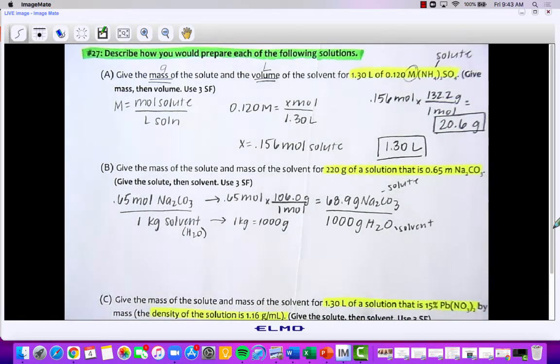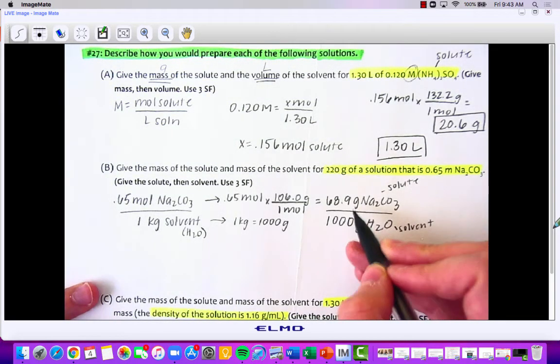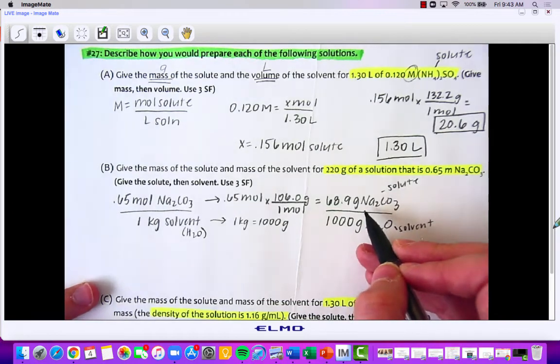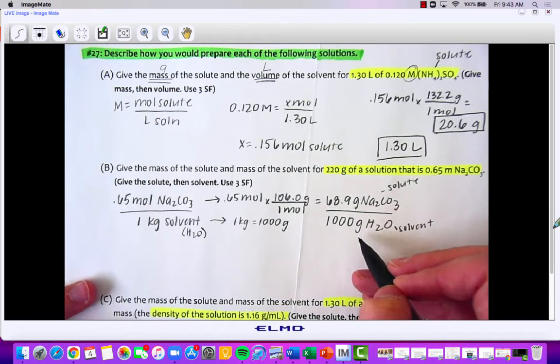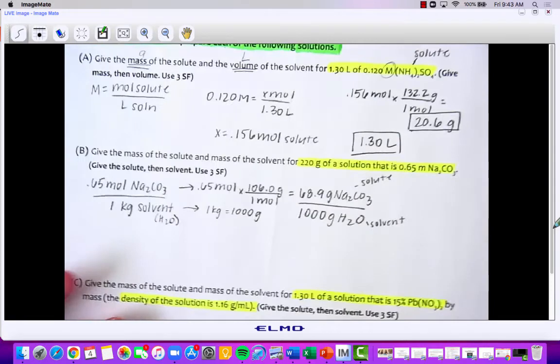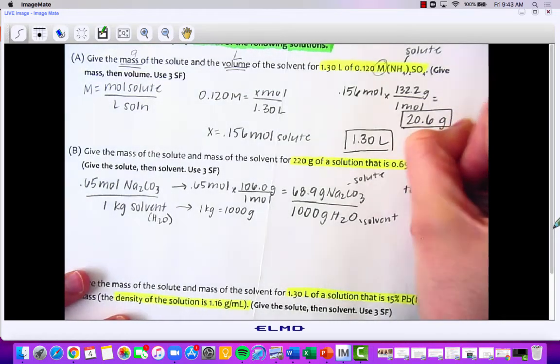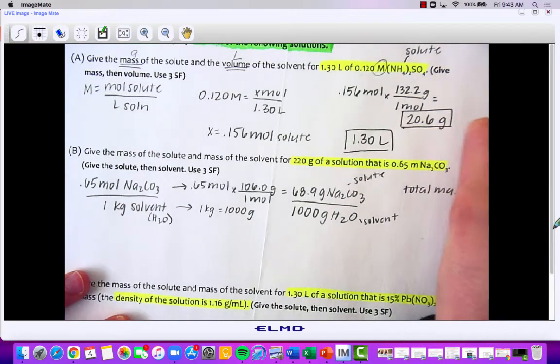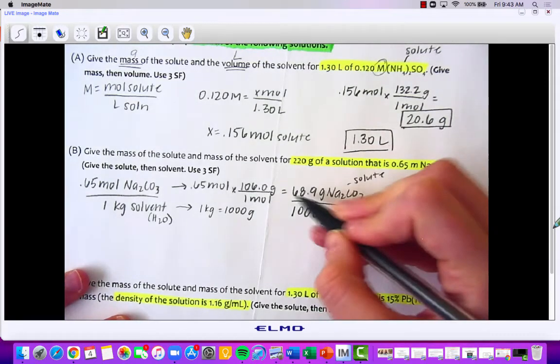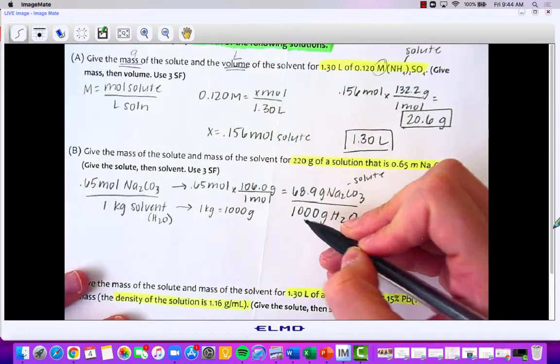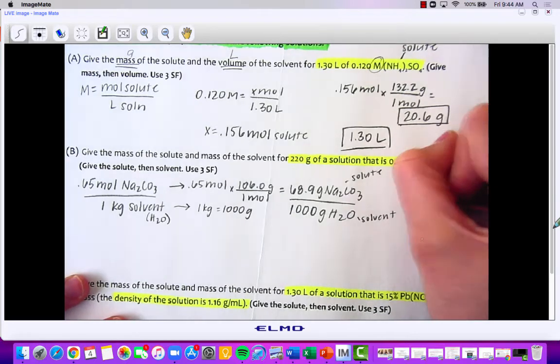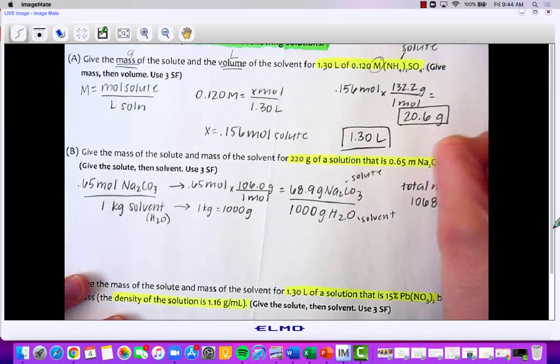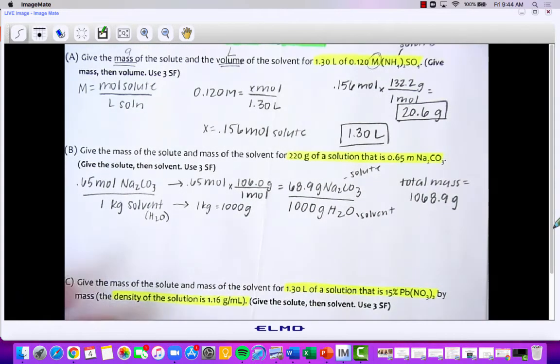Now, this is not 220 grams of a solution right now, because if it's 68.9 grams of Na2CO3 and 1,000 grams of water, this actually is going to give us total mass to be 68.9 plus 1,000. It's going to give us a total mass of 1,068.9 grams.